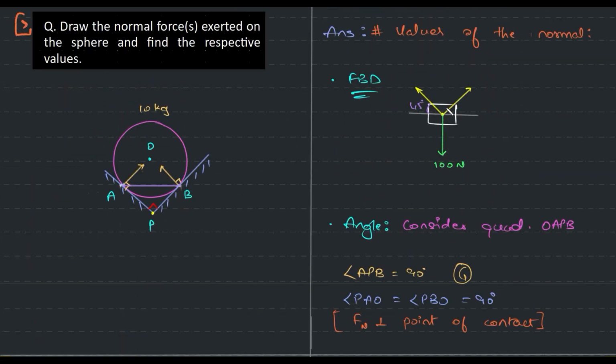Okay, and now we'll continue the diagram. So we need to resolve it. So this will be your FN1 and say FN2. So this will be FN1 by root 2. This will be FN2 by root 2.